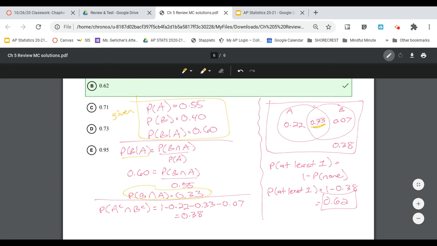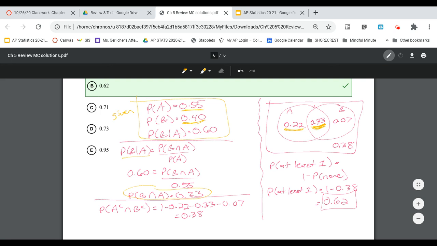So then that allowed me to, okay, if I knew the probability of A was 0.55 total, I could go 0.55 minus 0.33 to get 0.22, because I knew those two numbers should add up to 0.55. Same over on the B bubble. If I knew the total, the B bubble should add up to 0.4.